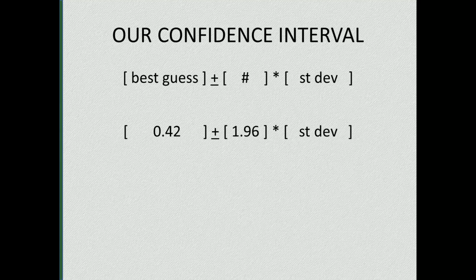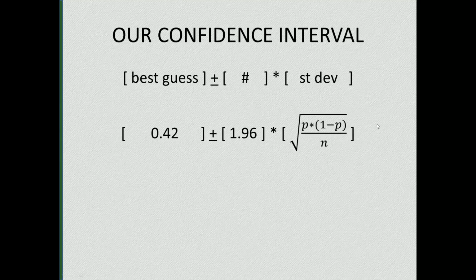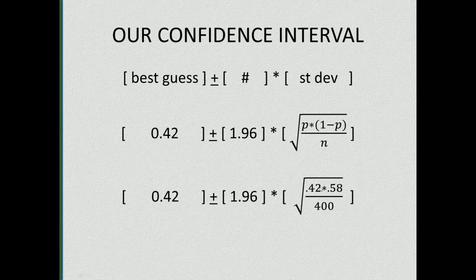In our module on sampling distributions, we noted that this quantity, p(1 minus p)/n square rooted, was the standard deviation for a proportion. And in this problem, we think p is 42%. If 42% favor the candidate, 1 minus that, or 58% don't. This was our standard deviation. Hit a few calculator buttons, 0.42 plus or minus 0.048.